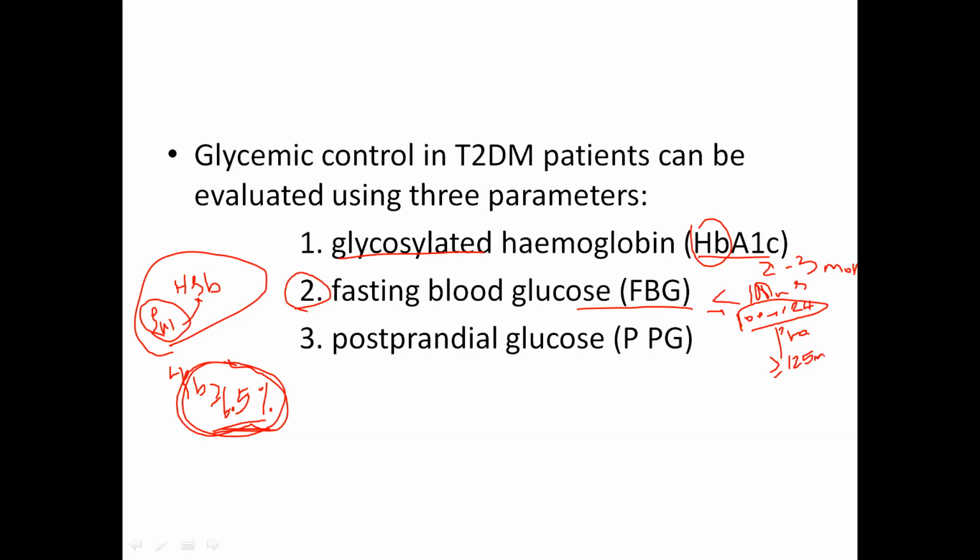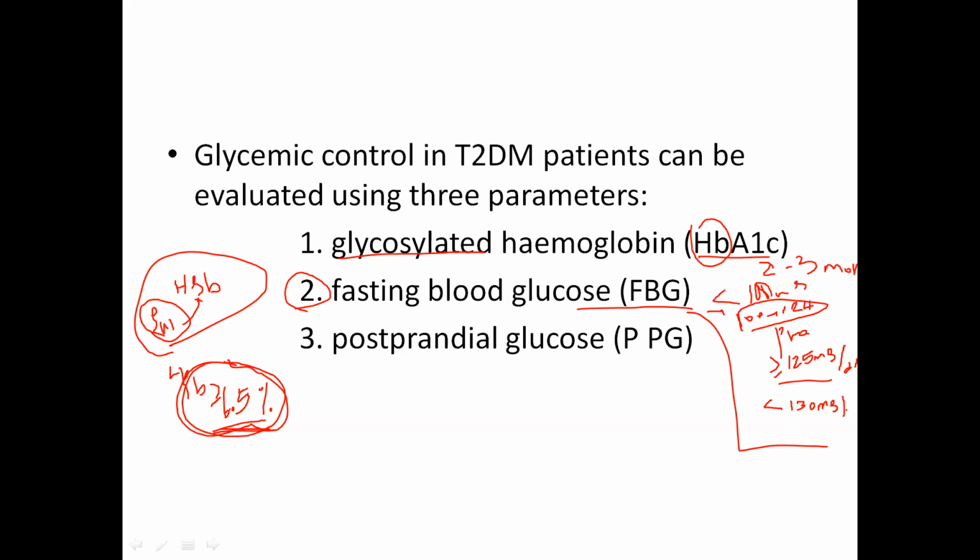So we can use the fasting blood sugar level for diagnosis as well as to study the glycemic control. When we come to glycemic control, we need to have less than 130 milligram per deciliter of fasting glucose.